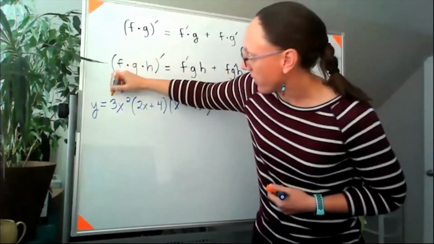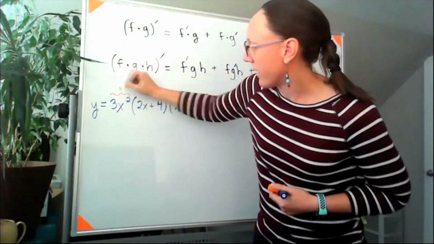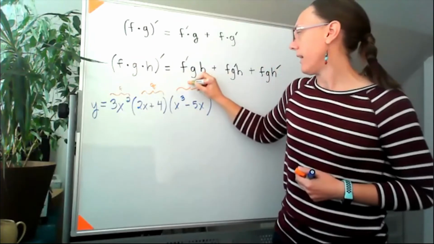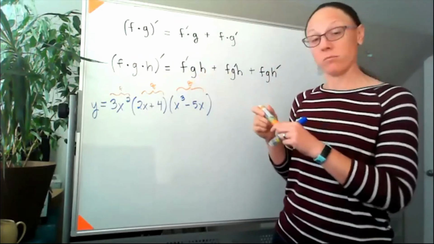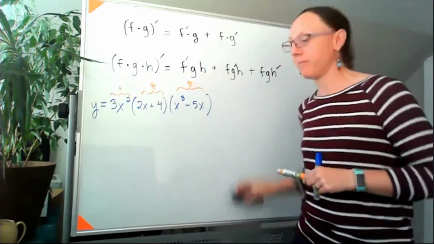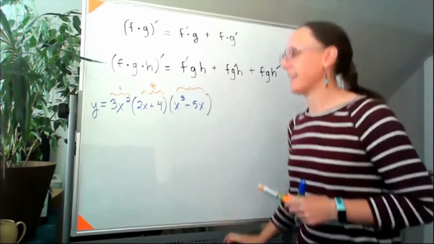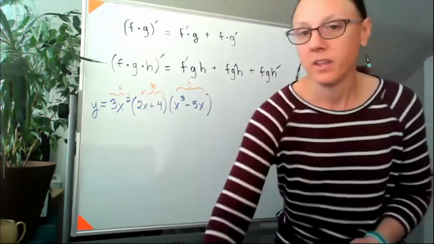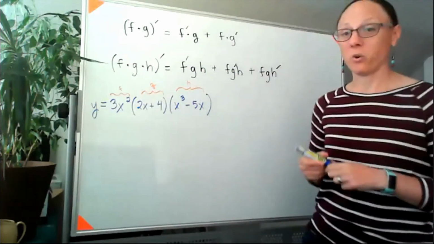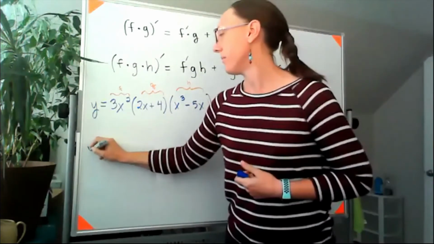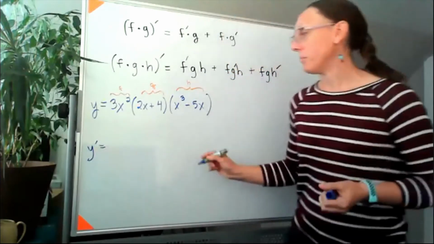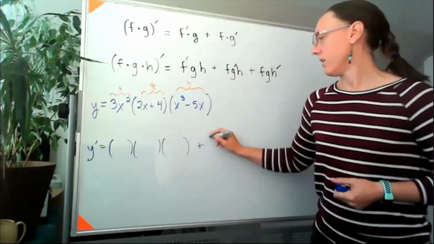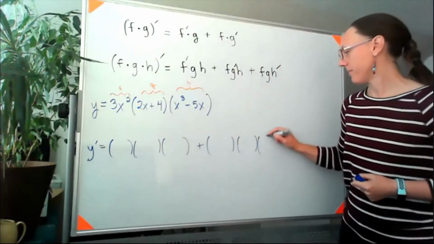So I'm looking at 3 pieces. So I can think about this as like an F and a G and an H. I said H and wrote a G. So I can think about that as like an F times a G times an H. And when we go to take that derivative, that means I'm going to have my 3 pieces 3 times.